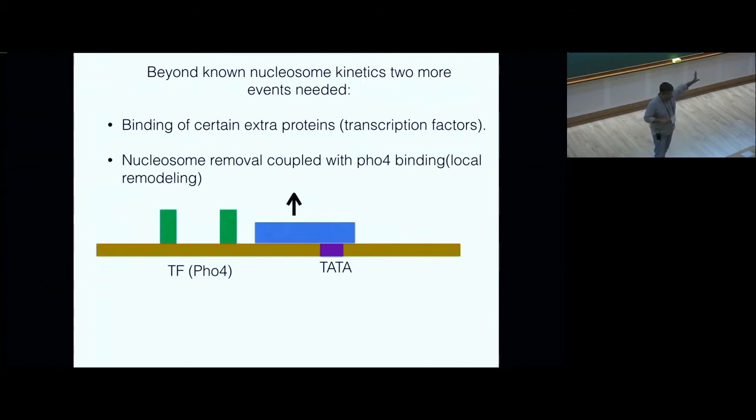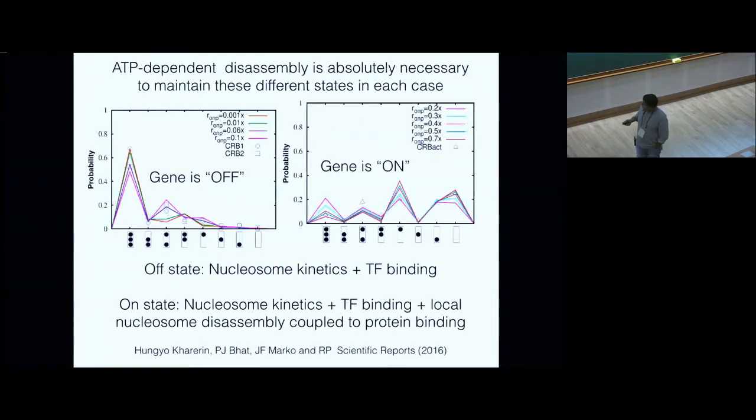So there is some other biochemical evidence that certain proteins binding on certain regions on the DNA can recruit remodeling machines locally and disassemble the nucleosome. So it turns out that nucleosome disassembly by these transcription factors, TF, and their name is FOFO here, doesn't matter the name, but we learned that without having this non-equilibrium disassembly of nucleosomes, one will not obtain the experimentally seen organization.